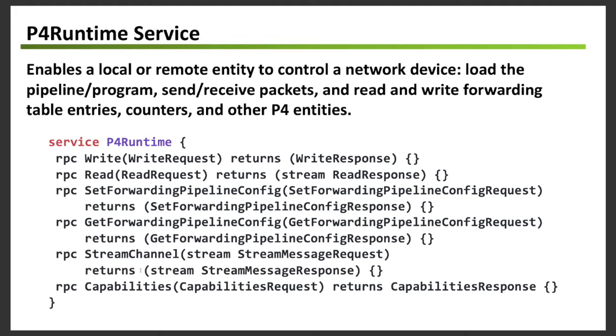And finally, the latest addition, which wasn't in the first release of P4 Runtime, is the capabilities RPC. Right now it's mostly to check which version of the P4 Runtime interface is implemented by the switch.